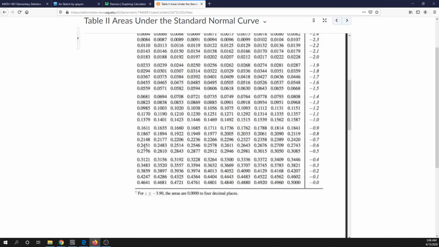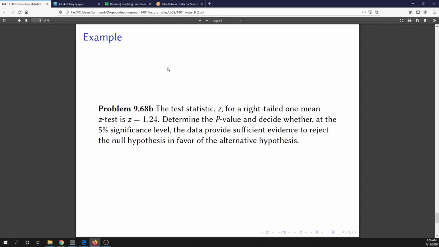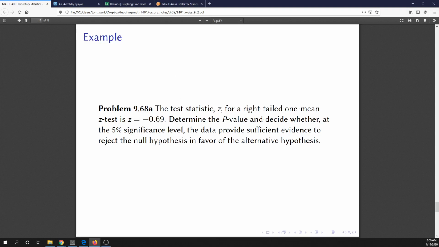That is 0.2451. All right, so that's what that looks like.